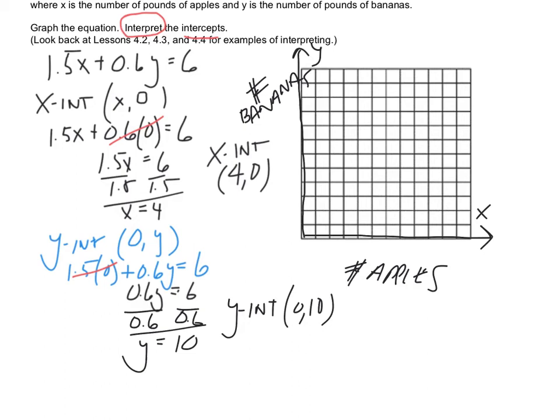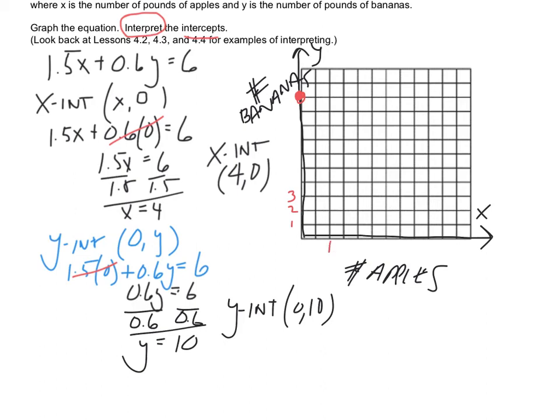And then we want to think of our scales. We only have to go up 10 on the y-axis, so let's just go by ones: 1, 2, 3, 4, 5, 6, 7, 8, 9, 10. That's my y-intercept from what we just calculated.